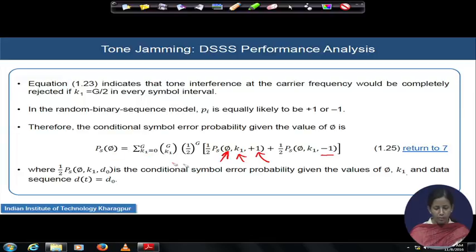Half of the time it is governed by plus 1 transmission and half of the time by minus 1 transmission. We can compute each of their values and then take the combined effect of both situations to compute this P_S of phi.